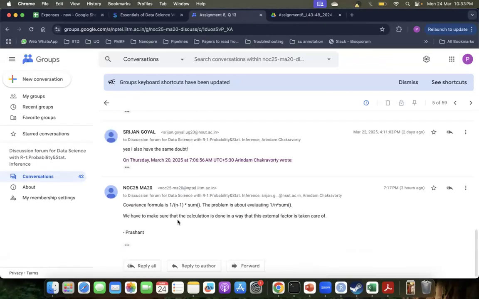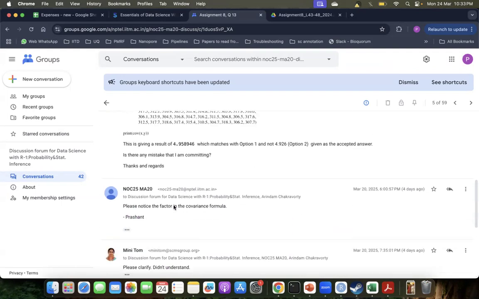So here, the formula of covariance is when you sum the differences, x minus x bar into y minus y bar. Just like the formula for your sample variance has n minus 1 as the denominator, covariance also has n minus 1 as the denominator.